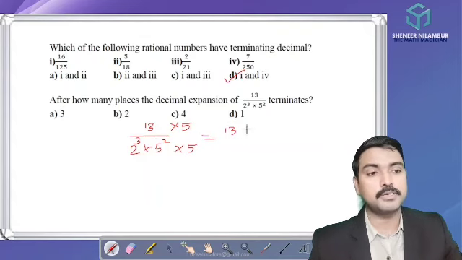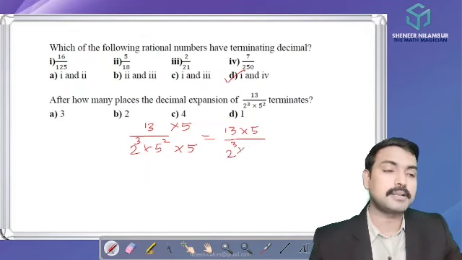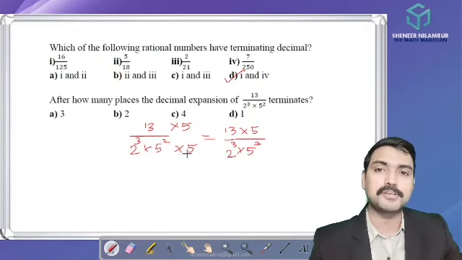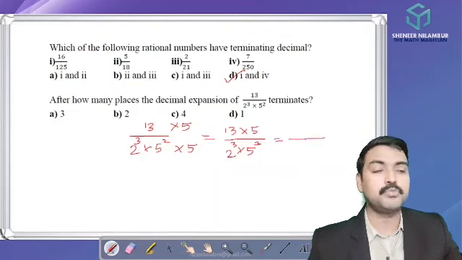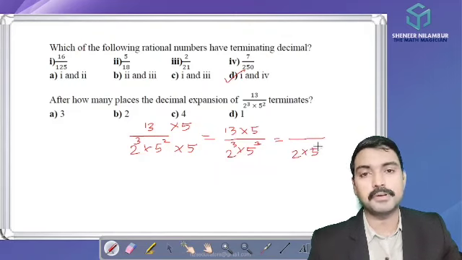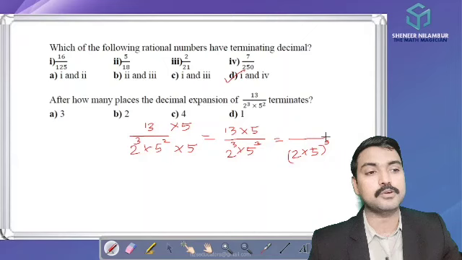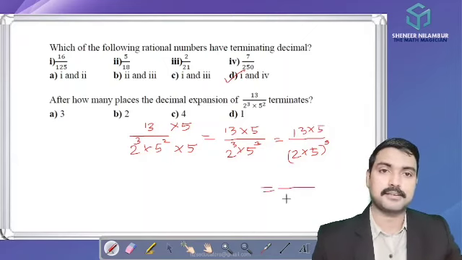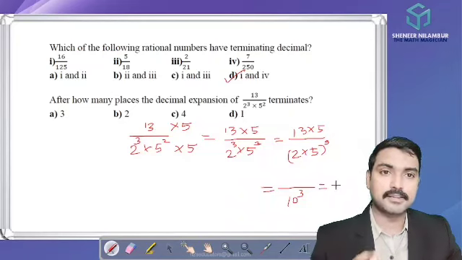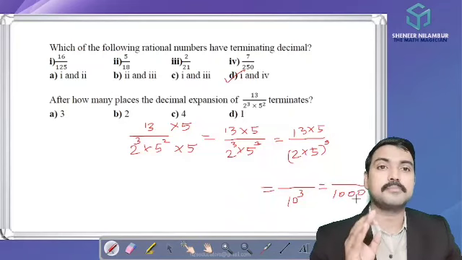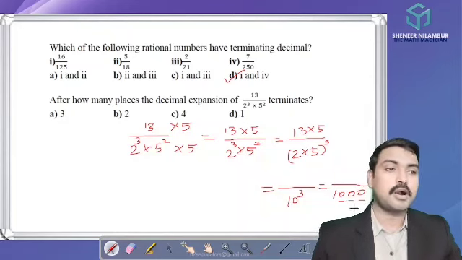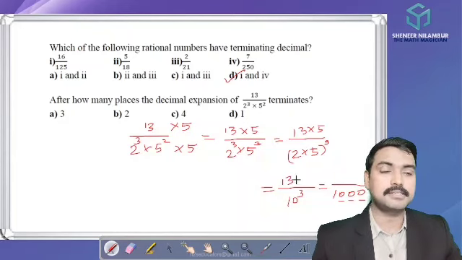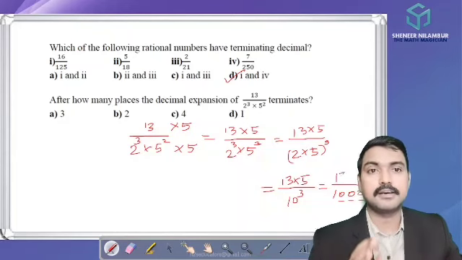We can observe that it becomes 2 cube into 5 cube, which can be written as 2 into 5 whole cube. 2 into 5 is 10, and 10 cube will come. 10 cube is 1000, which has 3 zeros. As many zeros as there are, that many decimal digits there will be. So after 3 decimal digits, this fraction's decimal expansion will terminate.